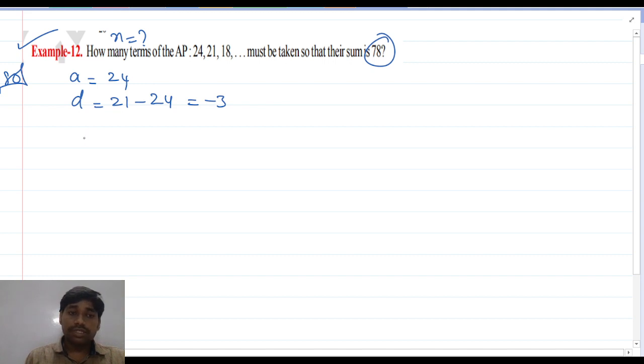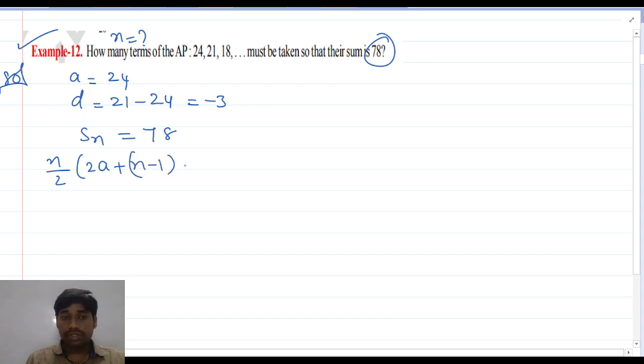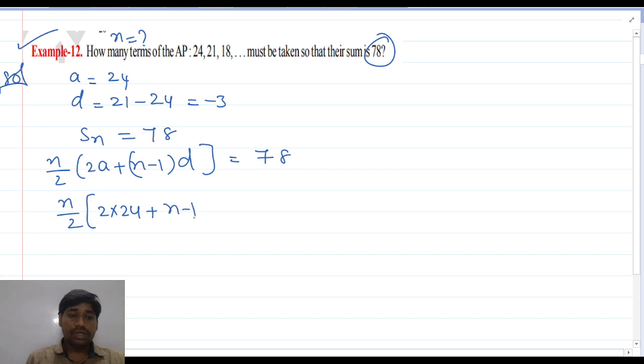So how many terms? I am taking n terms whose sum is 78. So n by 2 of 2a plus n minus 1 into common difference, okay, is equals to 78. So n we don't know, but we know that first term, that is 24. n minus 1 common difference is minus 3 is equal to 78. So here division 2 is there, we'll go that side, it will be in the into.